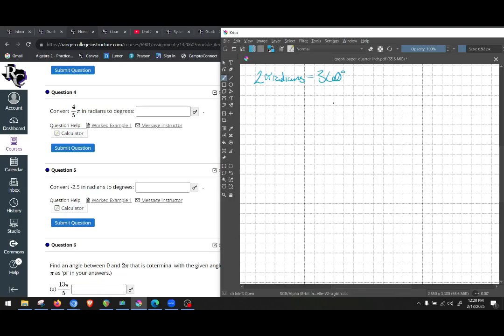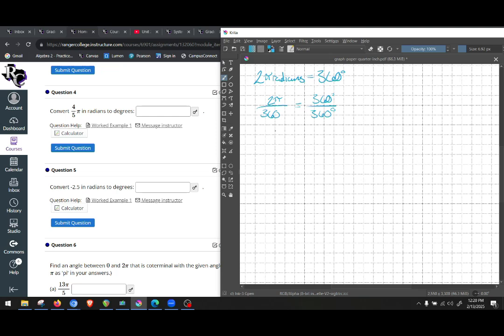So the way that we derive our conversion from degrees to radians, we want to divide out that 360. So 2 pi radians equals 360 degrees, and we're dividing out 360 from both sides.